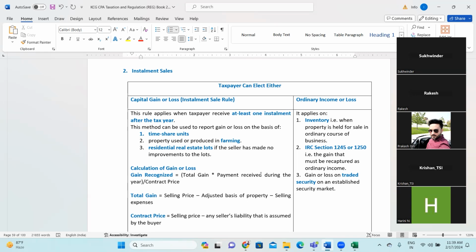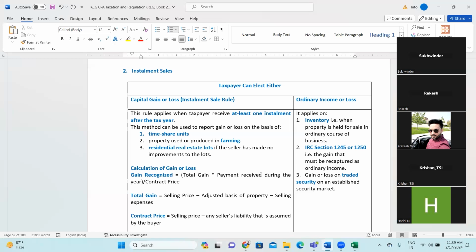The installment sale rule says that whatever collection you have made during the year, and the proportionate part of that, is considered your taxable income; you can consider only that much as taxable income for the current year.